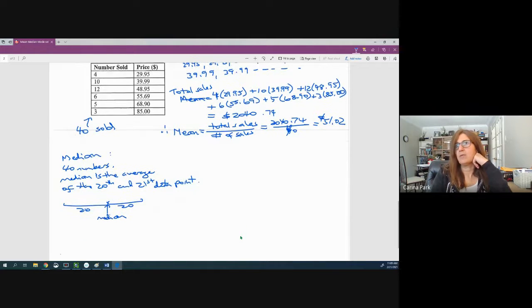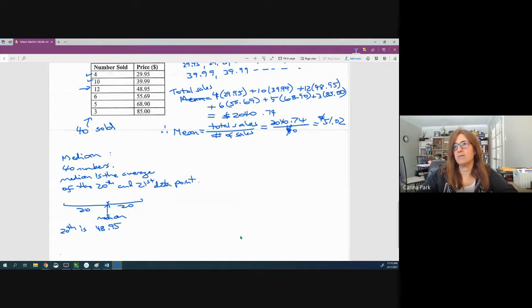So what's going to be the 20th data point? Well, I see that the first 4 are $29.95. Then the next 10 are $39.99. So that means that's already 14. And so the 20th is going to be in this third row here. It's going to be a $48.95. So the 20th is $48.95.